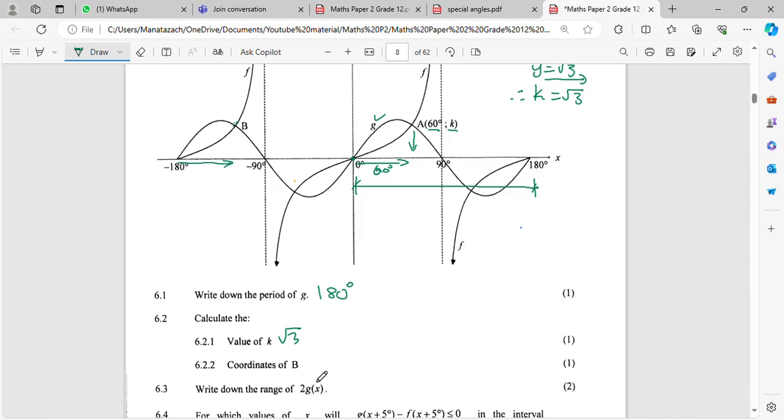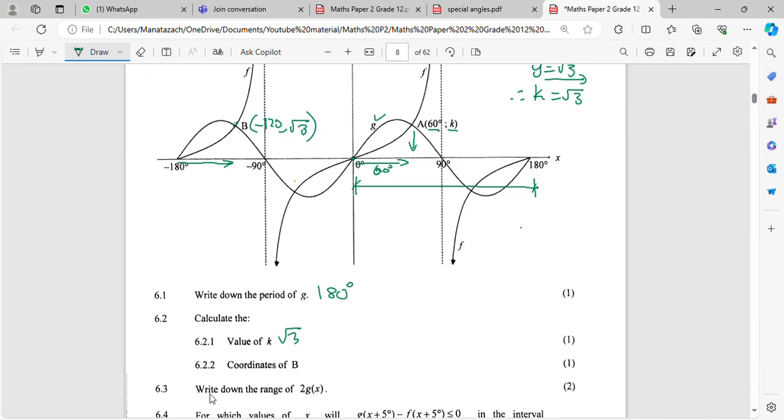So we'll say minus 180, and then we'll just move backwards by 60 degrees. That will give us minus 120. So here we'll write minus 120 as the x coordinate of B, and then the y coordinate is going to be the same as the value of k. So that's going to be root 3.